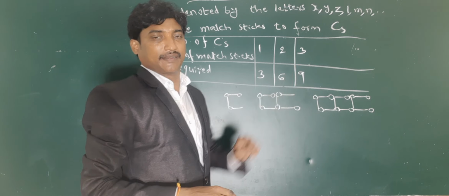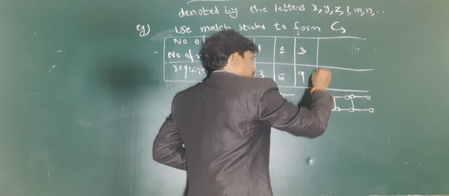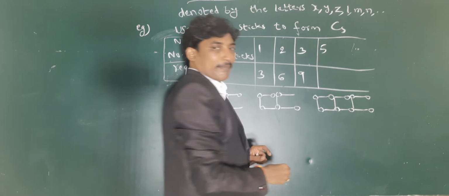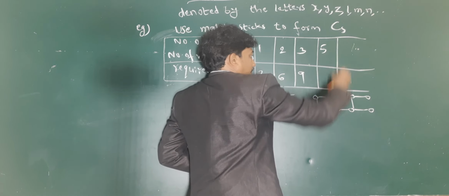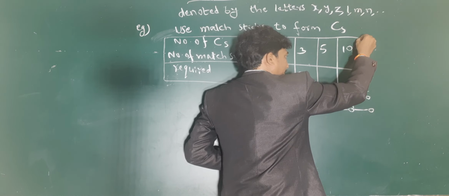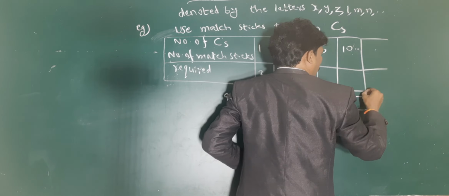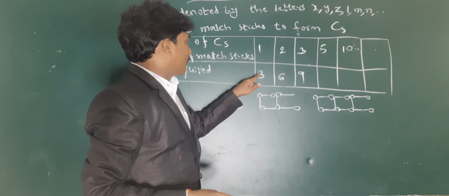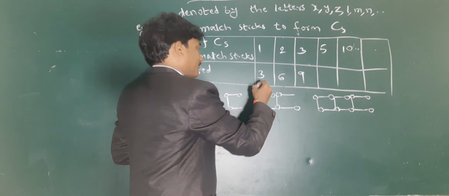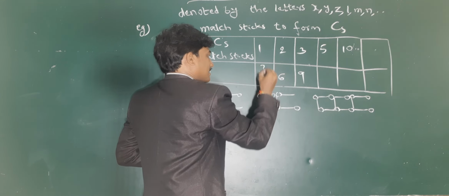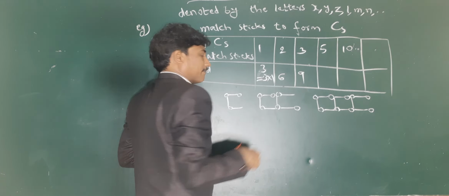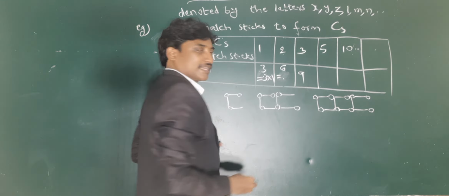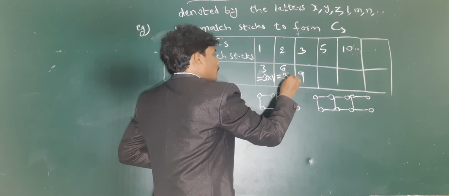By this pattern, we can write directly for 5 C's how many matchsticks are required. For 10 C's how many matchsticks do we need? If you observe, for 1 C, 3 matchsticks are needed. We can write this as 3 is equal to 3 into 1. For 2 C's, 6 matchsticks are required. That is nothing but 2 into 3.